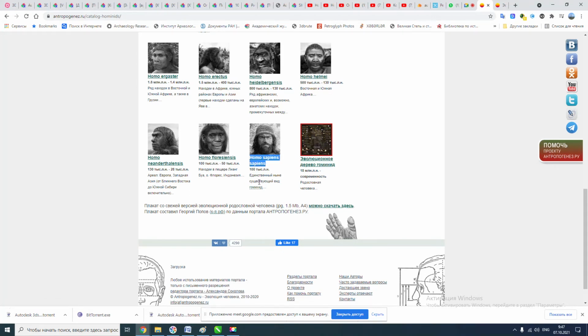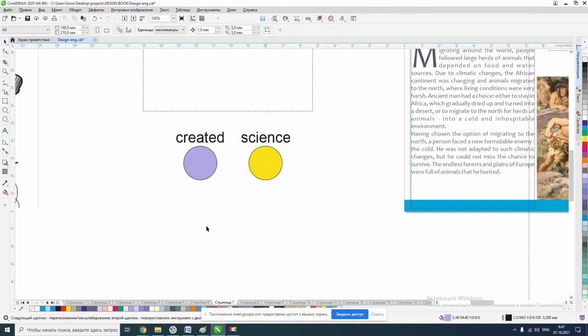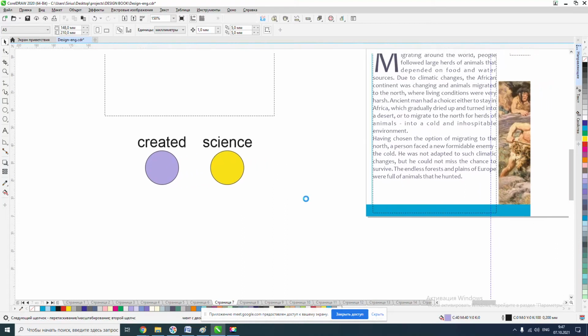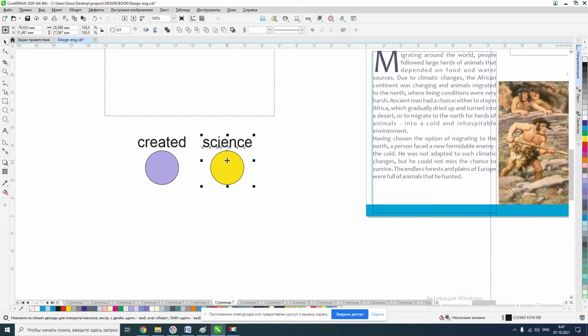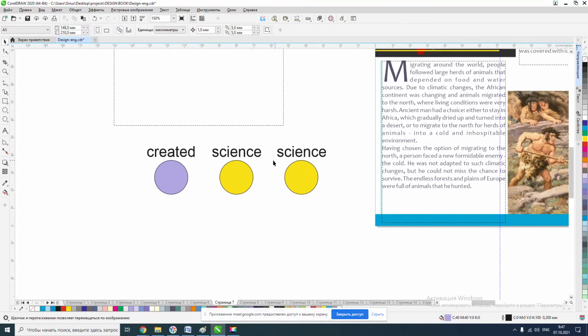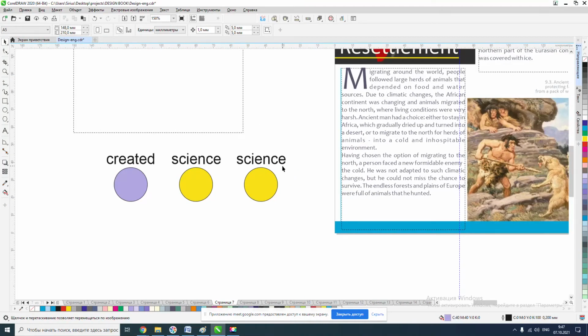I mean, our ancestors killing them. Our ancestors, Homo sapiens, killed Homo neanderthalensis, and that's one of the reasons why we can't see them nowadays. This was the second theory of human being.